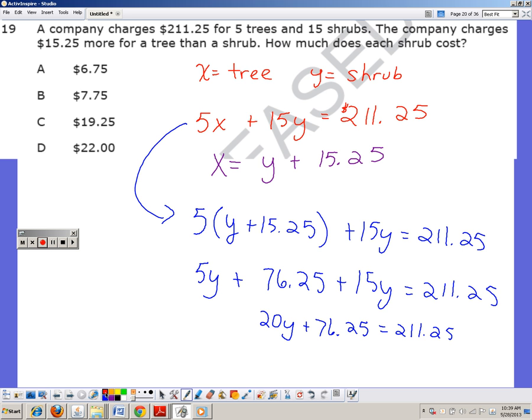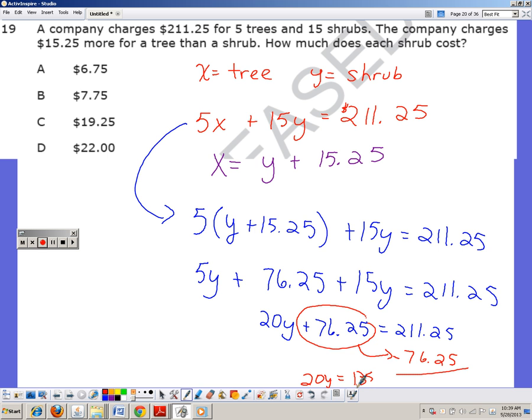So instead of adding 76.25, we're going to subtract it. So we have $211.25 minus $76.25, and that gives us 135. So 20y equals 135.